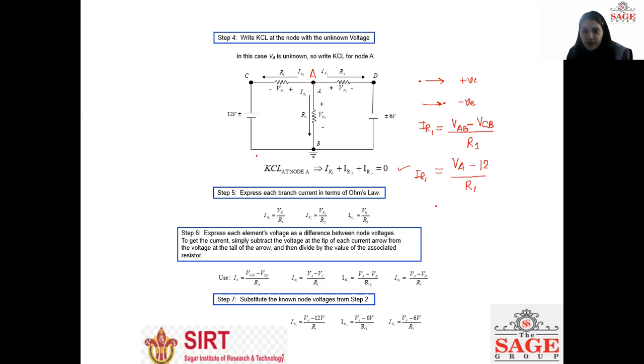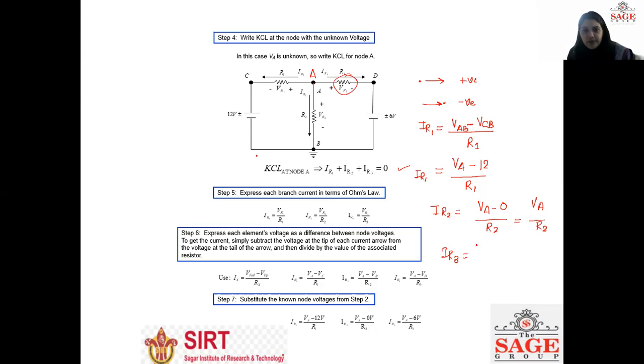Now for the case of IR2, we will write down, we will see at node A minus reference 0, and the resistance between the nodes is R2. So simply we can write VA by R2. For resistor 3, IR3, which is this one.